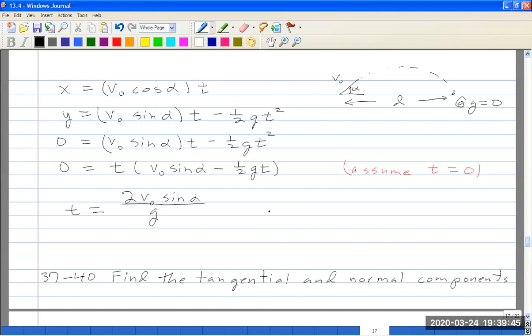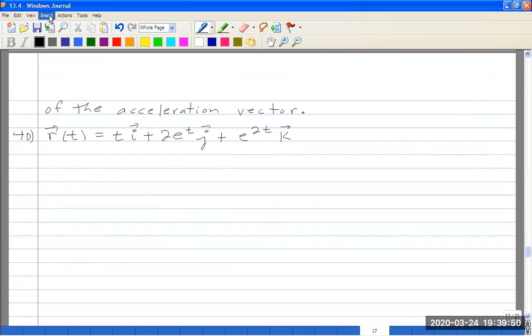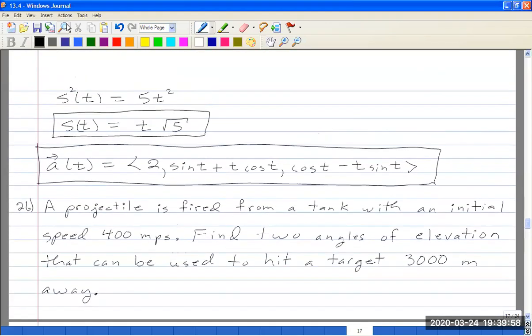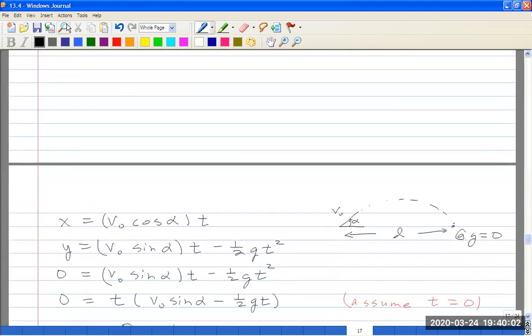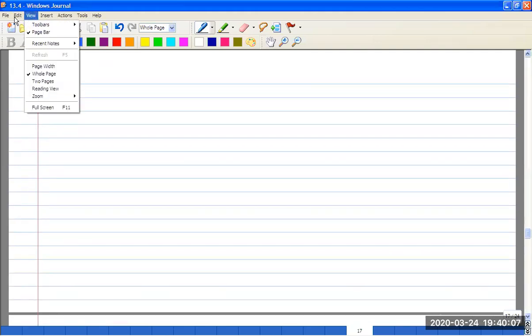Okay, so now, let me get a little more room here. Oh, I put it at the wrong location. Wait 1 second. Let me undo that.